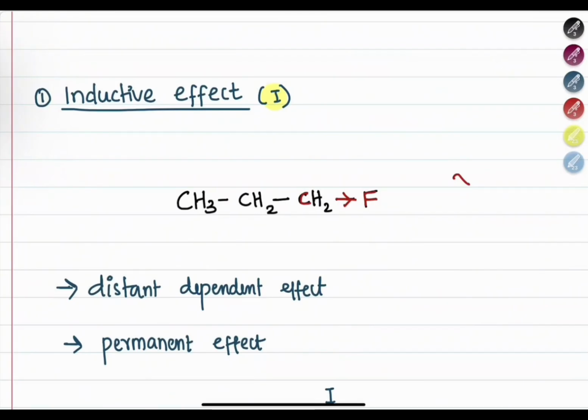We know the electronegativity of fluorine is high compared to the electronegativity of carbon. Due to this, the bonding electron of the carbon-fluorine bond will move closer to fluorine. And there will be a partial negative charge on the fluorine and a partial positive charge on the carbon due to the electron movement of this bond towards fluorine.